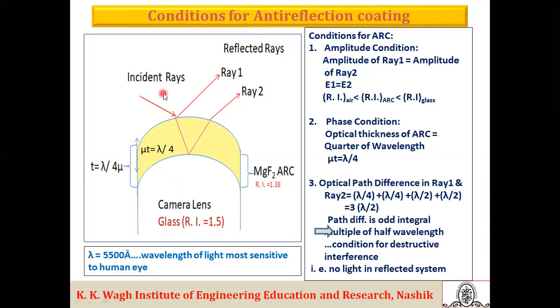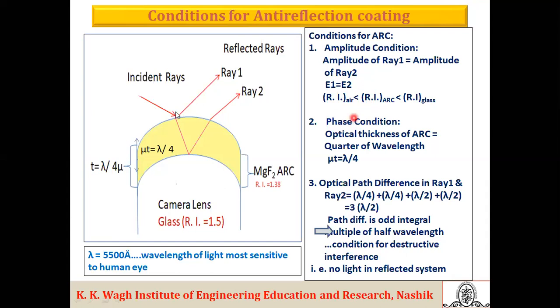Means the refractive index from top to lower order goes on increasing. And this is one of the conditions for manufacturing of anti-reflection coating. The first condition is that the refractive index of air is less, and the anti-reflection coating should have a little higher refractive index, which should be lower than glass and higher than air.